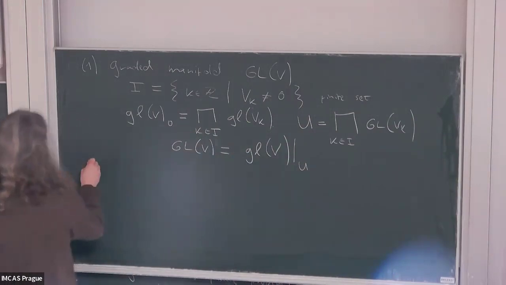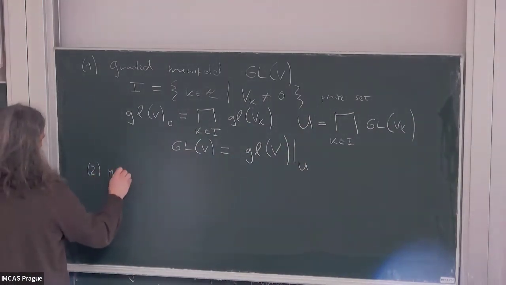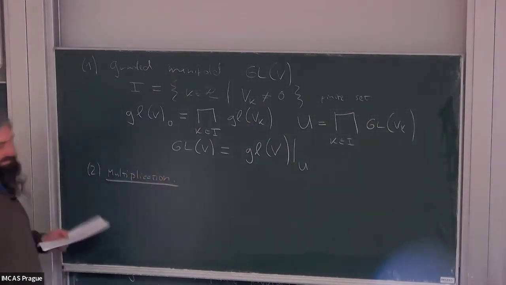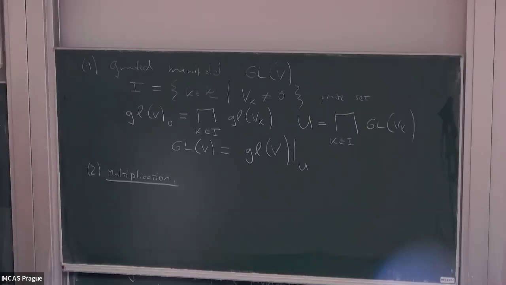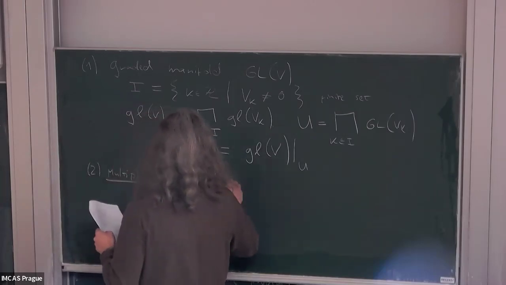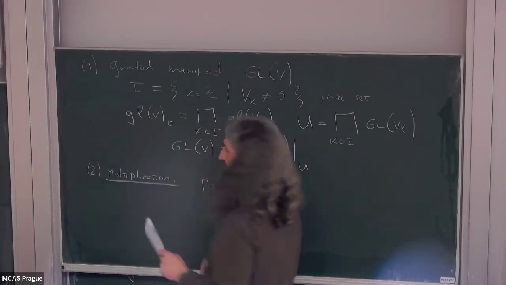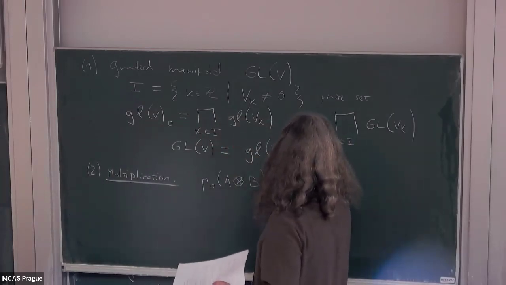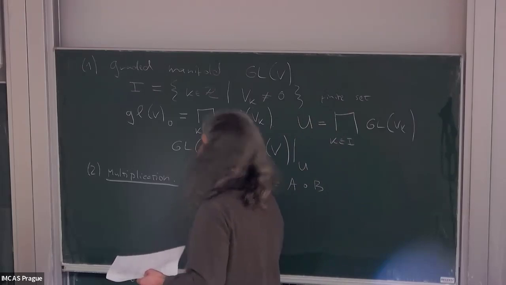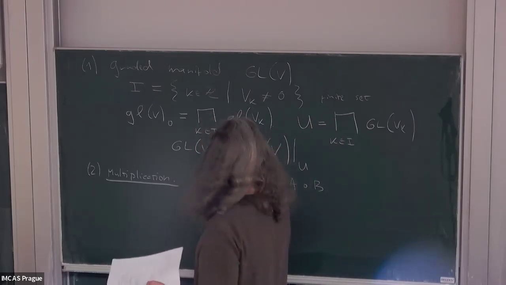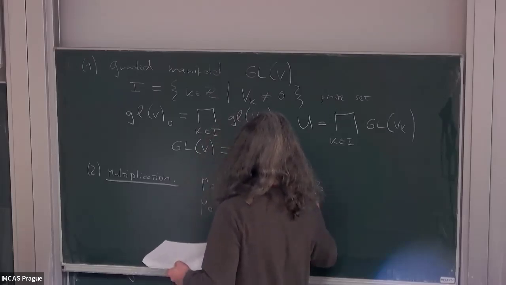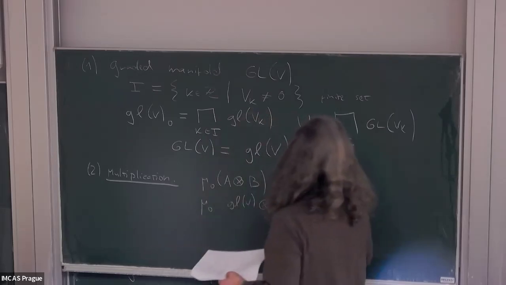Okay. So how do you define multiplication? This can be done in a clever way here. You can consider the map mu0, which takes the tensor product of two graded linear maps and composes them. And this mu0 can be viewed as a degree 0 linear map from GLV tensor GLV, where the tensor product is over R, to GLV.